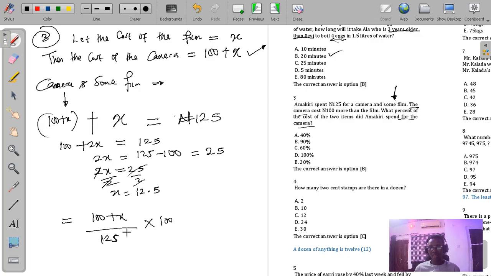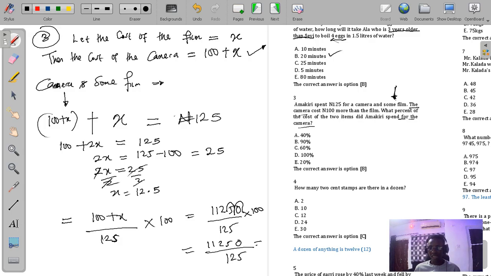That is 100 plus 12.5 over 125 times 100, which gives 112.5 over 125 times 100. Just move this one twice because of these two zeros. You have 11250. Fill this one with 0. That's the concept. So this is what we want to divide.